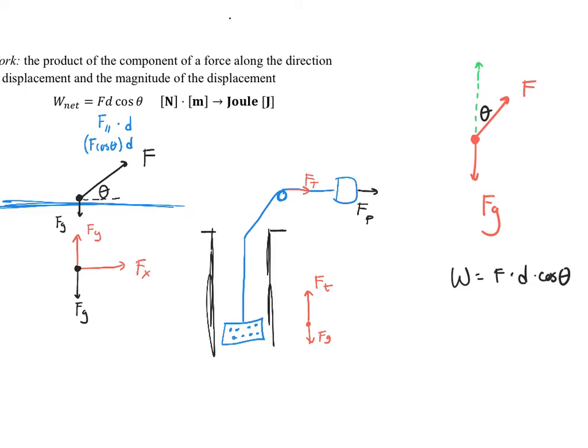Because again, theta is the angle between motion and the force. For this concept of work, whenever we talk about theta in the formula, we're talking about the angle between the direction of motion and the applied force, not the angle between the force and the horizontal, like we kept saying in the past.